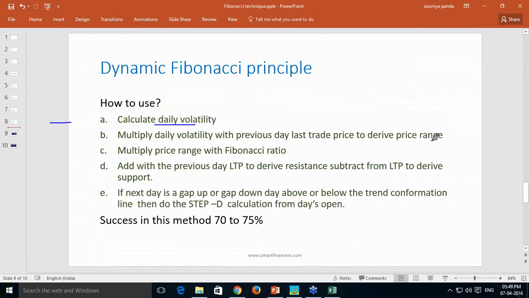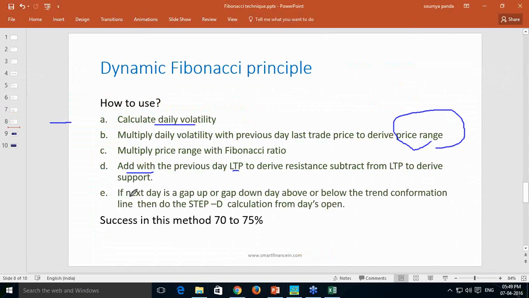So the price range calculation has changed, and I multiply it with the Fibonacci ratio. Same thing I kept; no change in the Fibonacci ratios, no change in that method. Instead of adding it to the low and subtracting it from the high, I added to the previous day's last traded price and subtracted from the previous day's last traded price. This is what I have done.